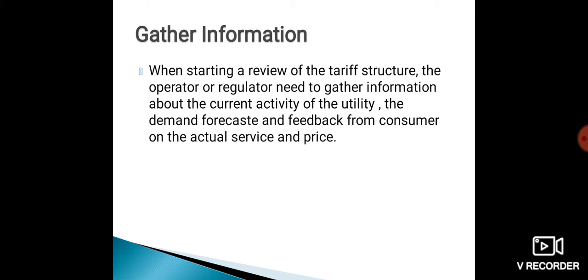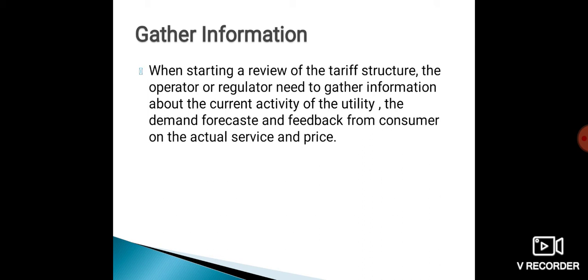As the first step we have mentioned, gather information. Now what is gather information? When starting a review of a tariff structure, the operator or regulator needs to gather information about the current activity of the utility, the demand forecast, and the feedback from consumers on actual service and the price. So what information do we have to collect? First we will review the tariff structure.